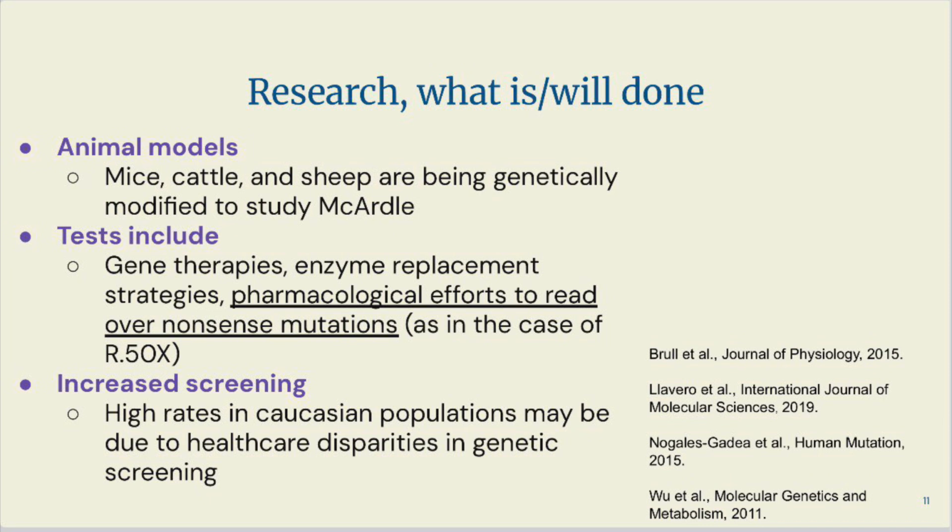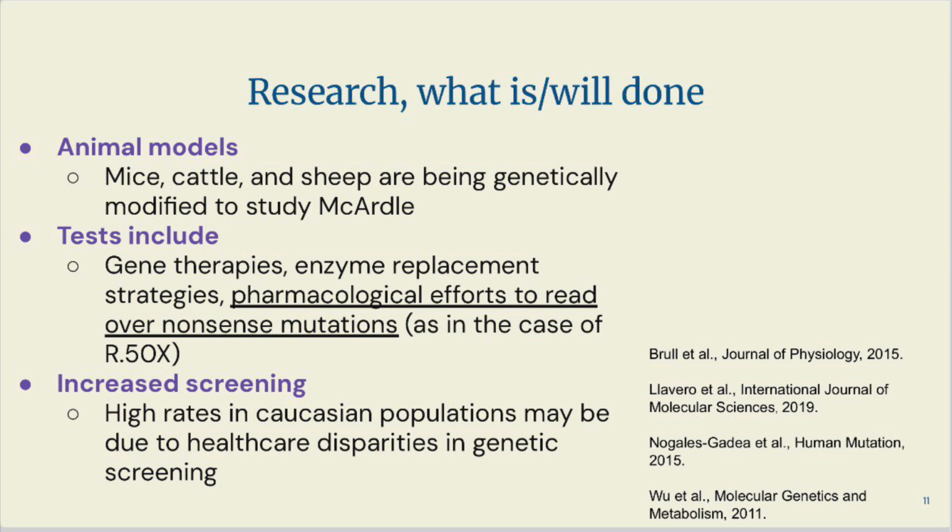And then just to help explain pharmacological efforts, they're drugs that help ignore stop signals in mutated genes and make full proteins, which is extremely relevant to McArdle as the protein is produced, but it's a non-functional one.